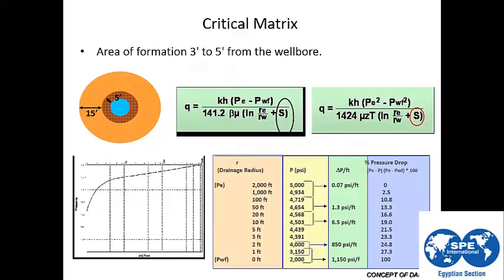This is the term that we are playing with, trying to reduce it in order to increase Q, which is the production rate, assuming the same drainage radius and the same well radius. If we reduce this term, we will increase the Q, the total production from the well.